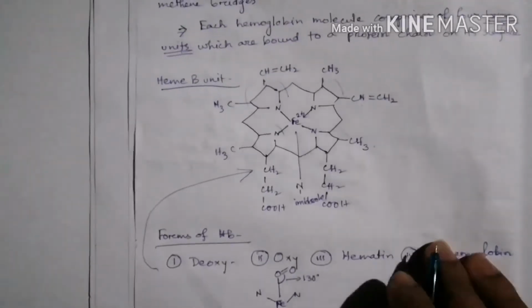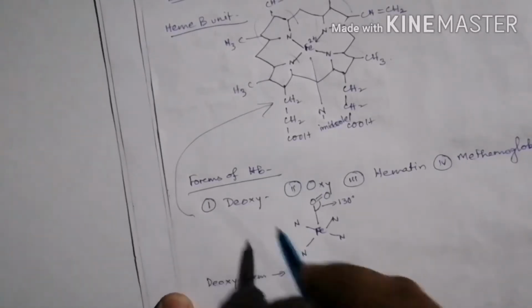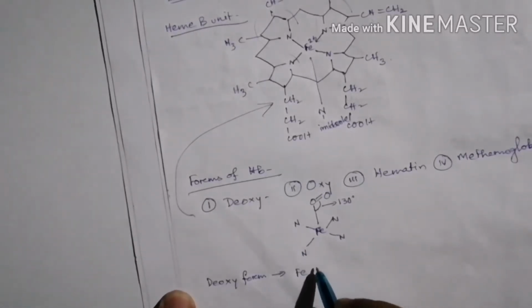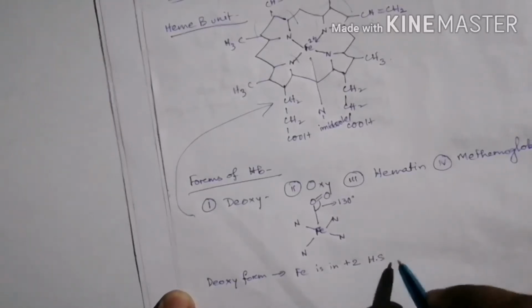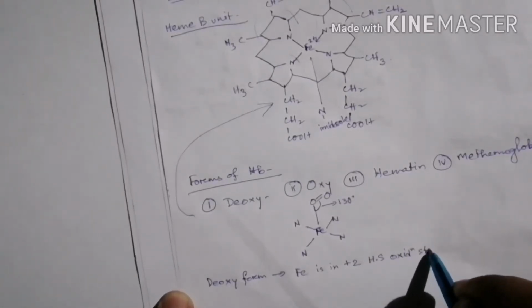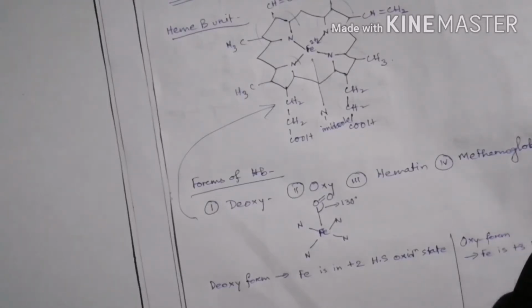If we talk about the different important points of the deoxy and oxy forms, in the deoxy form, iron is in the +2 high spin oxidation state, and in the oxy form, iron is present in the +3 low spin oxidation state.